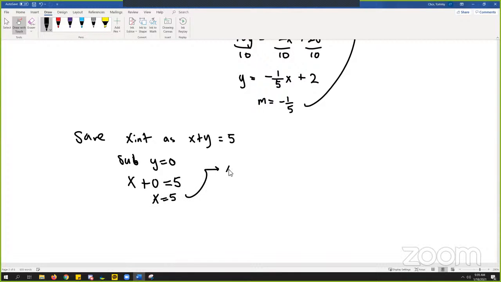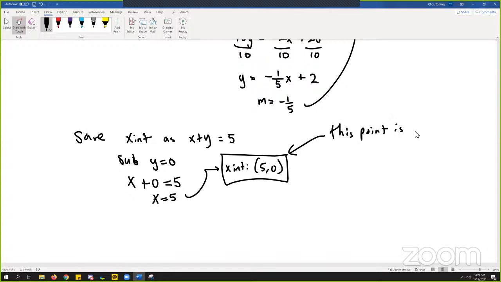And so the x-intercept is 5, 0. This is important. This is what tells us that this point is on our line. You should understand the reason why we're solving the x-intercept is because that's what's on our line. That's our point of intersection.